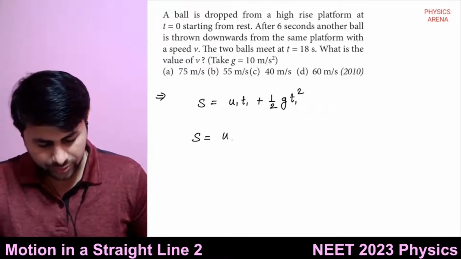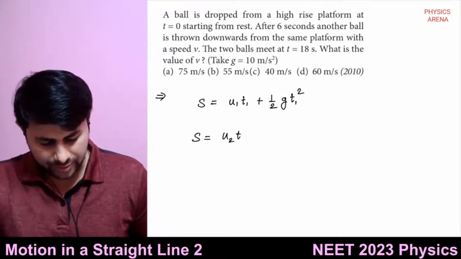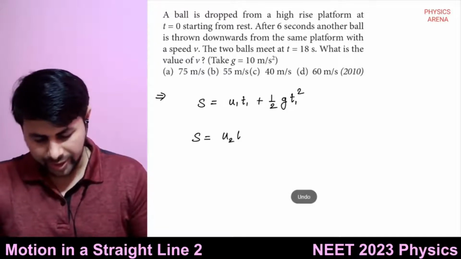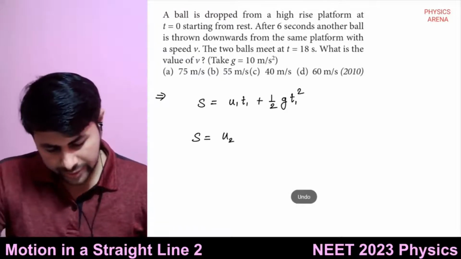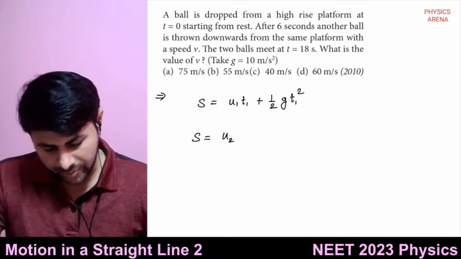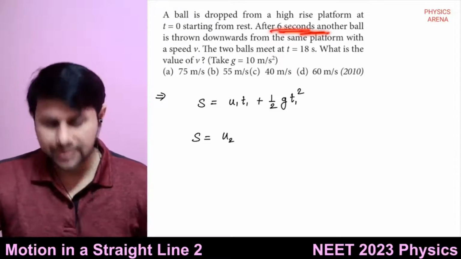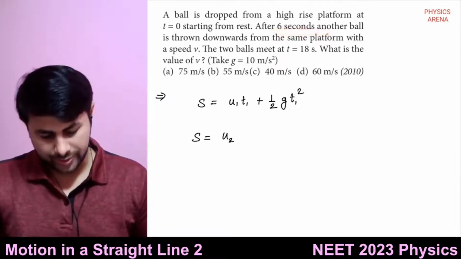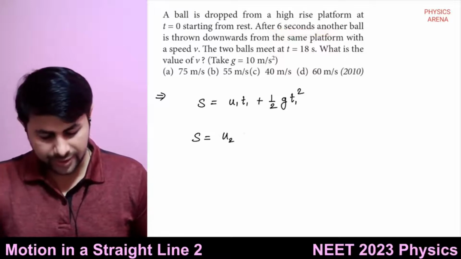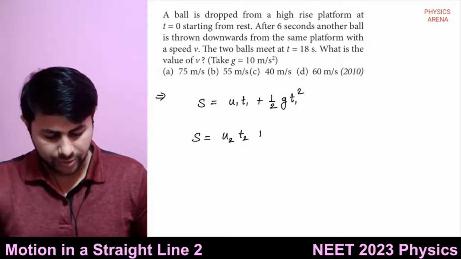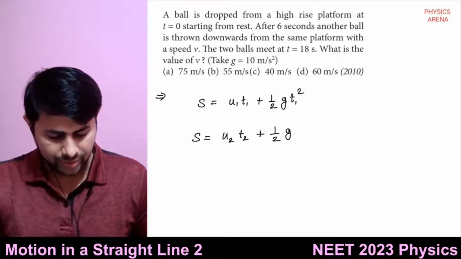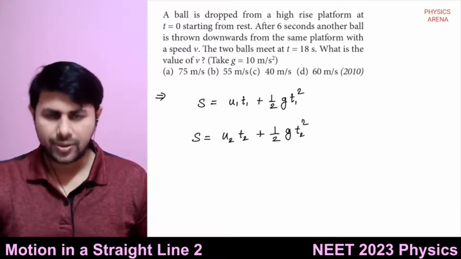It is u2 times t, but this time will be how much? So first ball is dropped and 6 seconds after that the second ball is thrown, okay. So let's write it as t2. So u2 times t2 plus half of g multiplied by t2 square.